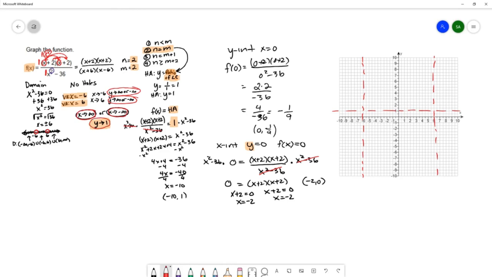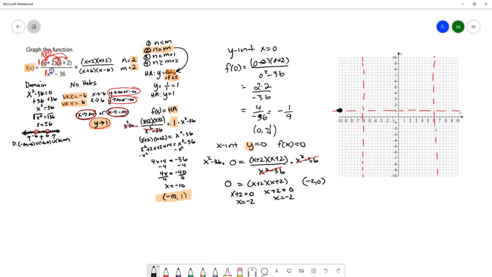So that's telling me what's happening at the ends of the graph. Then we also have this important piece of information here, that the graph will cross the horizontal asymptote at -10, 1. So this point right here, the graph crosses the horizontal asymptote.